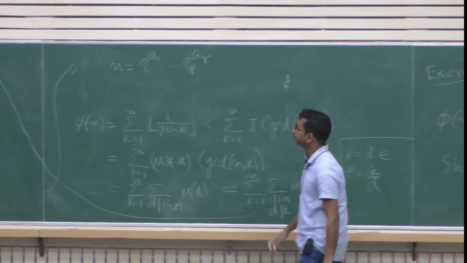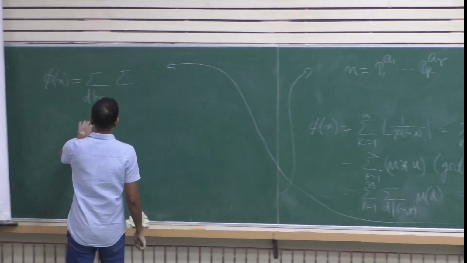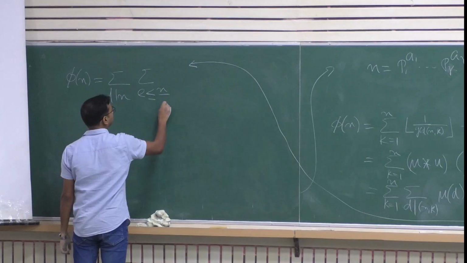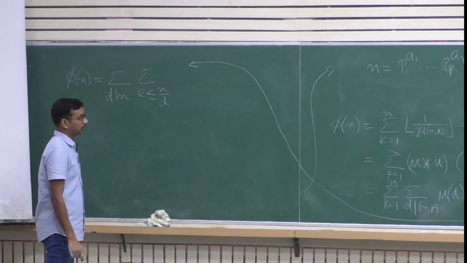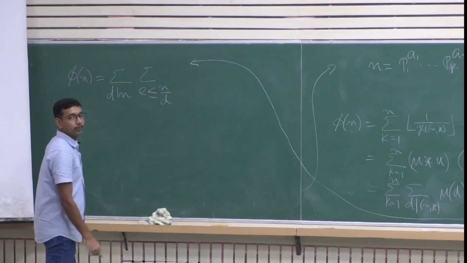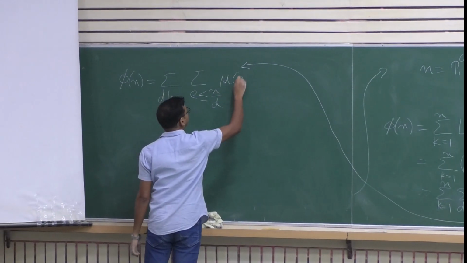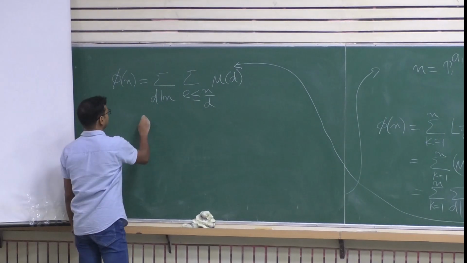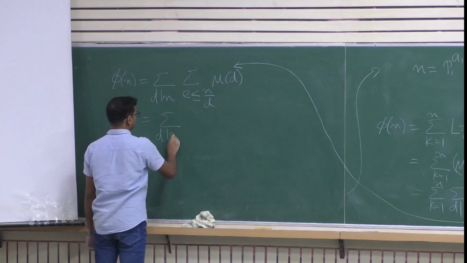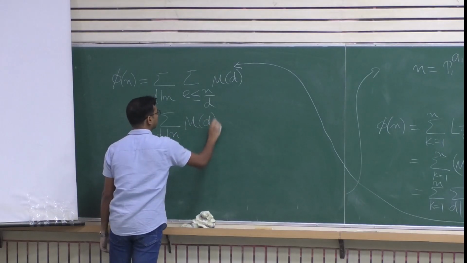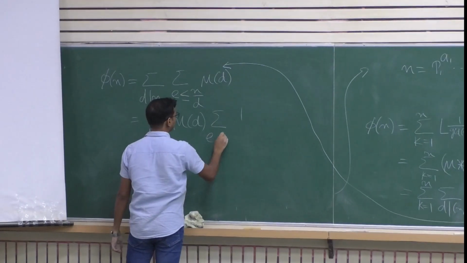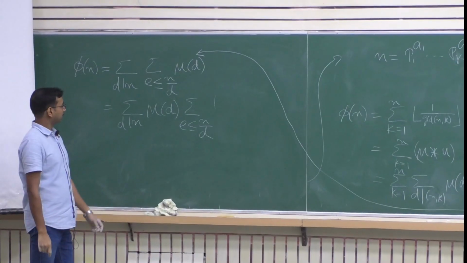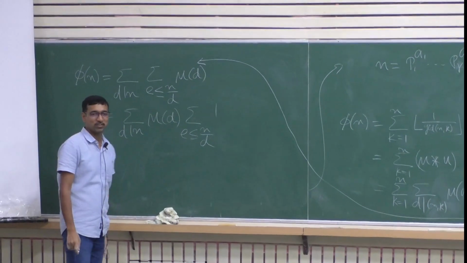So d divides n and e is less than or equal to n by d. What is inside is mu of d, which is constant for all of this, so we can take it out first. Then there are basically n by d terms.